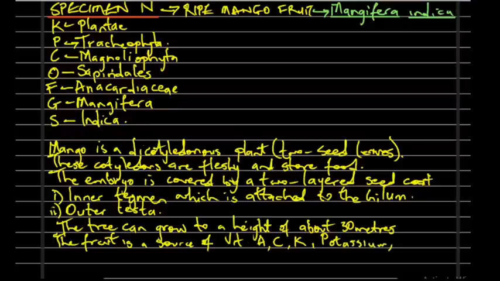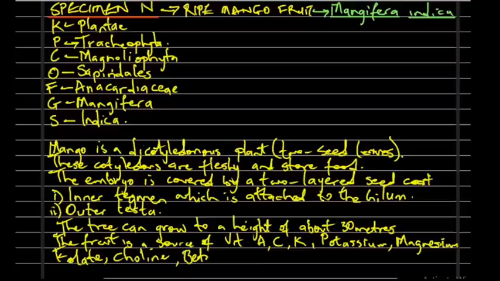We have magnesium. We have other things like the folates, which is iron. We have choline. It also has beta carotene. These are some nutrients that are found in the fruit.